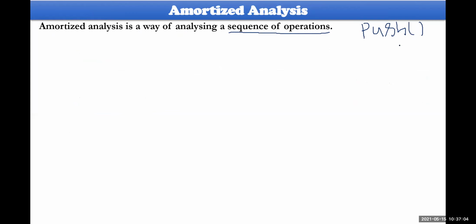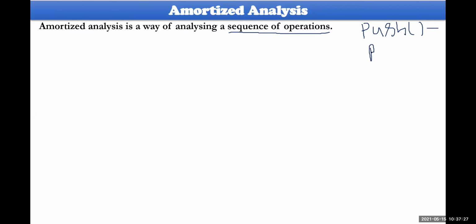If top is equal to maximum, your stack will overflow. Otherwise, your stack will have some space to be introduced. Some set of statements will be there for applying push here. So this push will be considered as one particular operation in terms of amortization. In terms of amortization, whole push will be single.